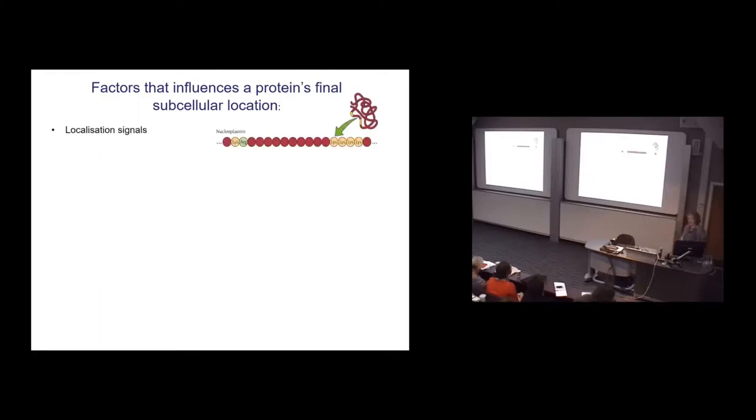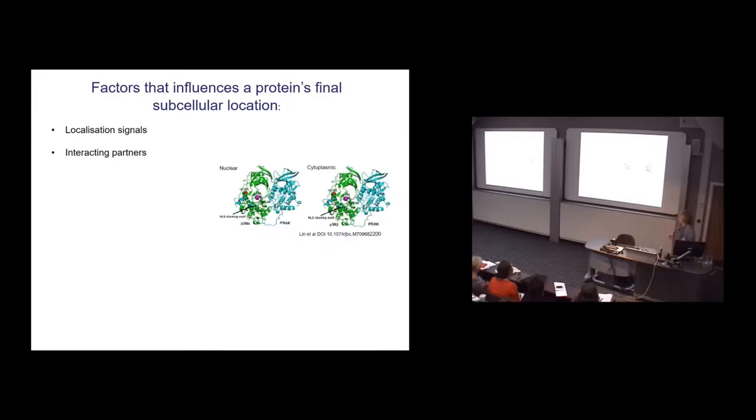It may have a localization signal, so it may have something that looks a bit like this, sets of basic amino acids, which are nuclear localization signals, which mean that these proteins can associate with import machinery and get into the nucleus. A protein may end up in the right place, or in fact multiple places, depending with whom it associates.